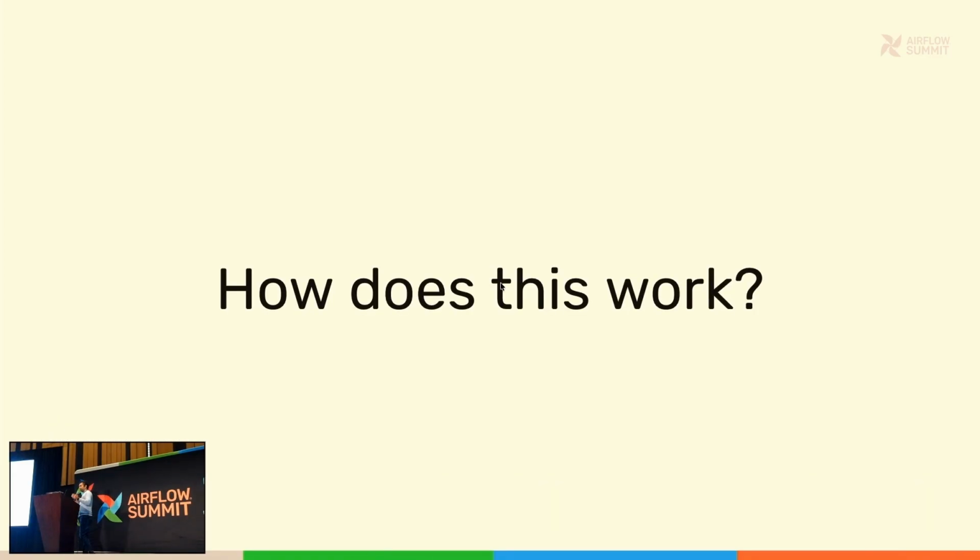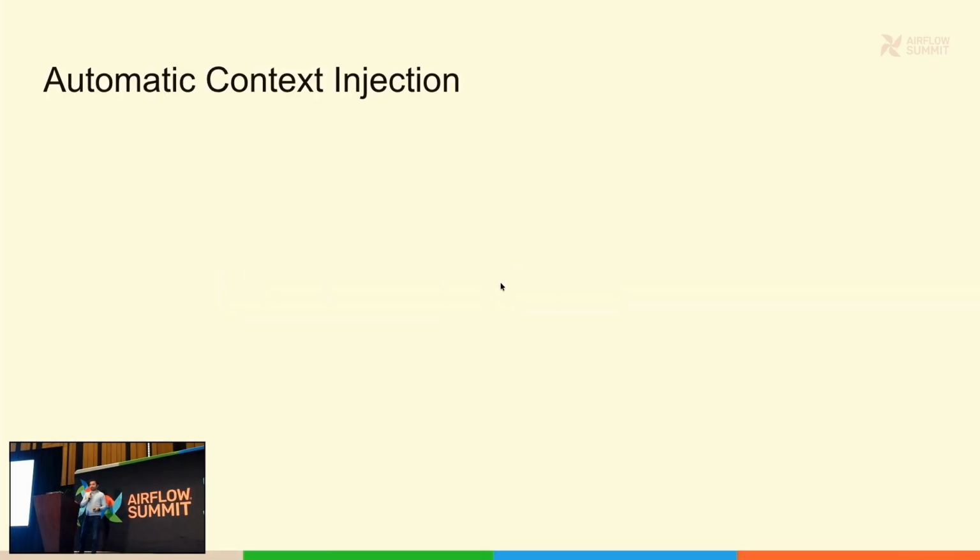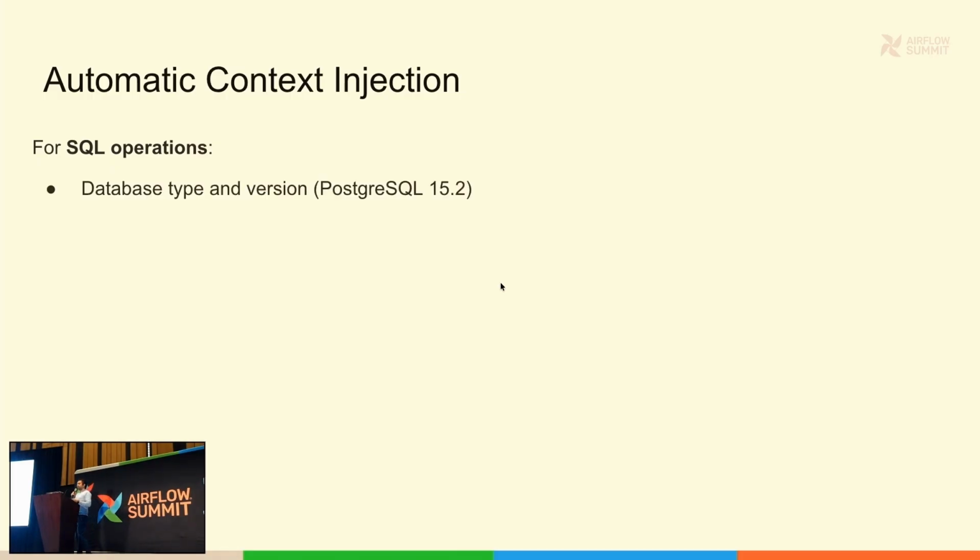I wanted to show, first of all, that it works so that there's no question about that. Now let's go into the details. The LLM operators are not just wrapping things into a prompt and sending it to the LLM. There are more things going on under the hood. And you all know that one important thing for an LLM is the context you provide. So for at least the LLM operator that Pavan showed, for SQL operations, it extracts the database type and the version.